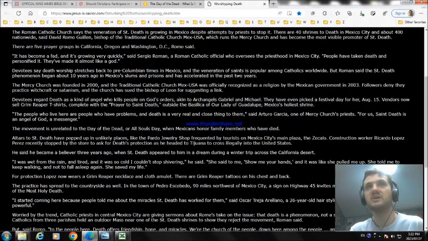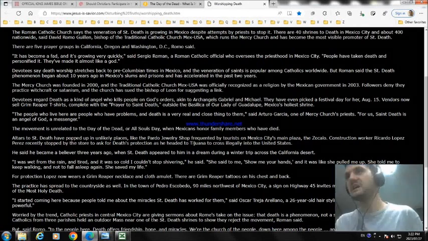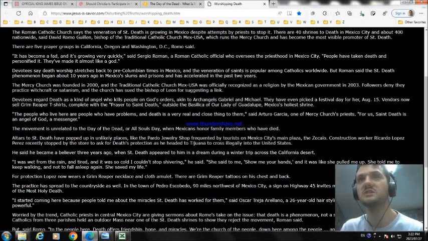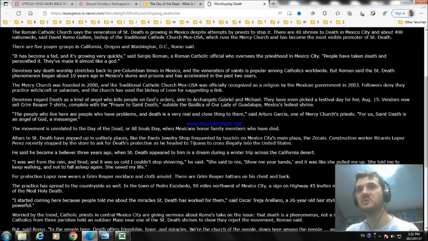Devotion to death worship goes back to the pre-Columbian times of Mexico, and the veneration of saints is popular among Catholics worldwide. But the Church says Saint Death is linked to witchcraft or Satanism. Devotees regard death as some kind of angel who kills people on God's orders, alongside the archangels Gabriel and Michael.